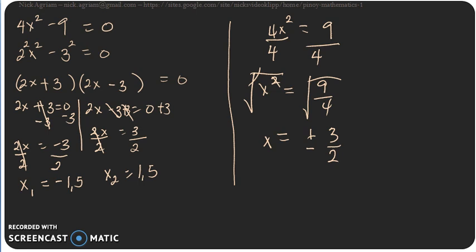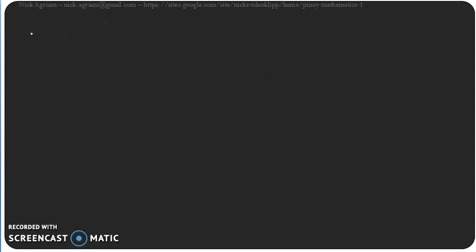Now we will go to the perfect square. For example, we have x squared plus 2x plus 1 is equal to 0. And the factor of this is always like this. We have x plus 1 squared.